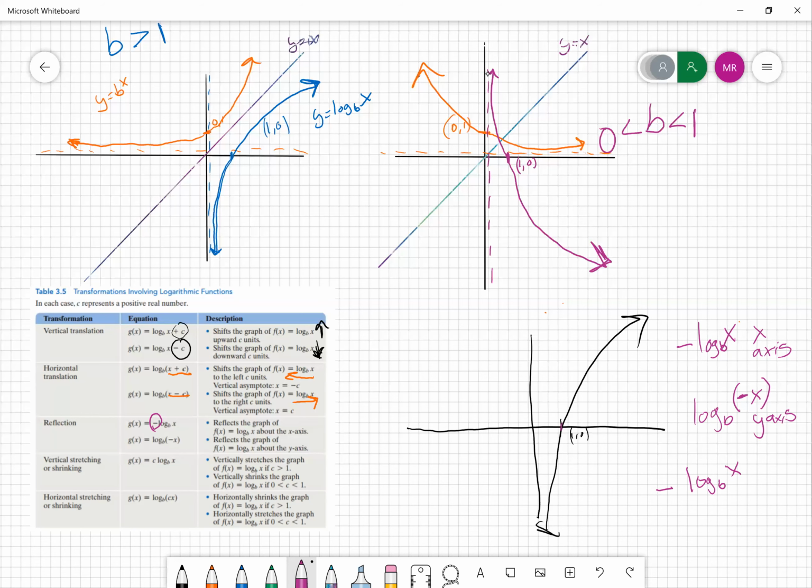But this time, because it's flipped across the x-axis, because we've got that negative, as we go towards our asymptote, it goes up instead of going down. And as we go towards infinity, it goes down instead of up. And that happens, again, when the negative is outside of the x, or outside of the parentheses.